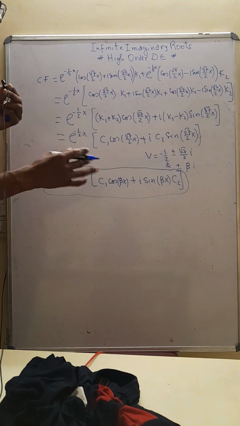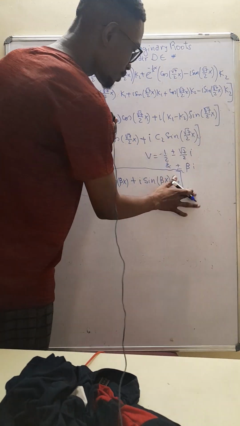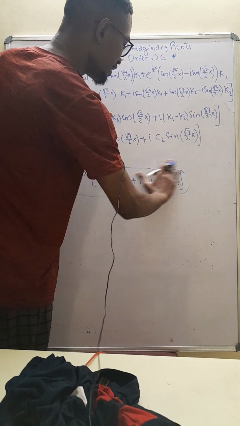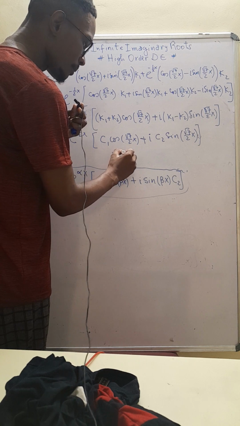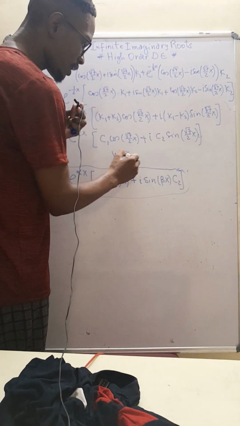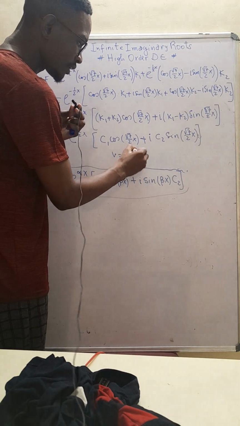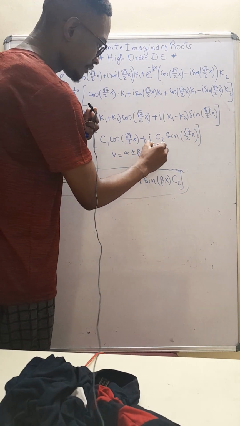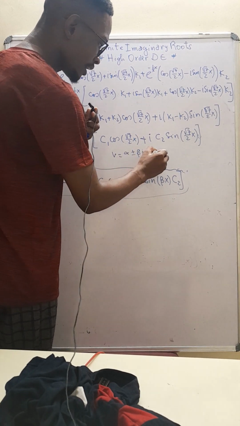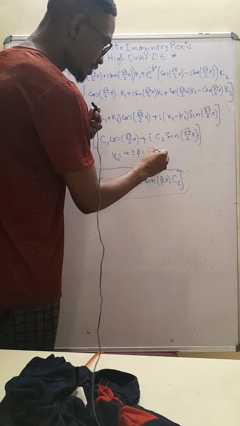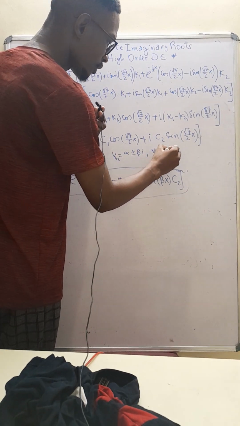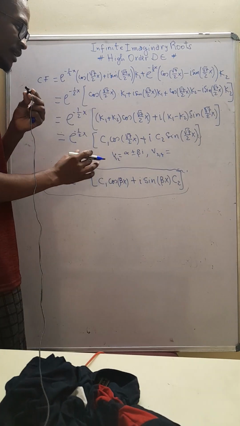Now suppose we have more than one pair. Suppose V is equal to alpha plus or minus beta I, this is for the first pair, roots 1 and 2, and this is 3 and 4. We have a different pair, okay?